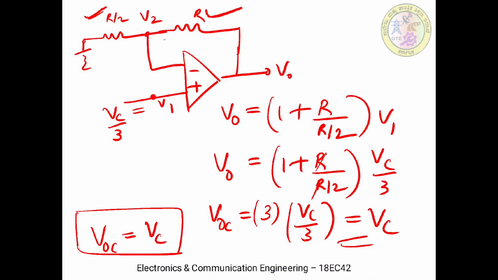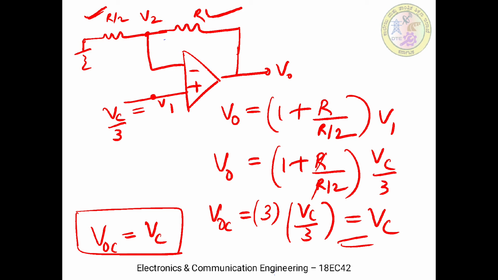Similarly, I hope this is understood now. When it comes to the VC and VD inputs, the amplifier will start working in a non-inverting configuration. Therefore we first have to calculate how much will be the V1. With this reduction it is seen that VOC, the output voltage because of the C input, will be equal to VC.